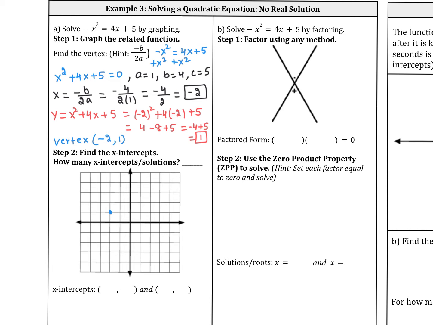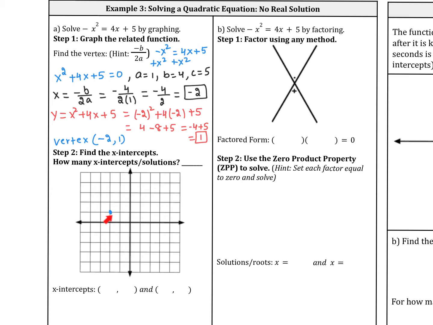So we have to find where the graph is going to cross the x-axis. In order to see that, we need to first of all graph the quadratic equation or function, and that is y equals x squared plus 4x plus 5.